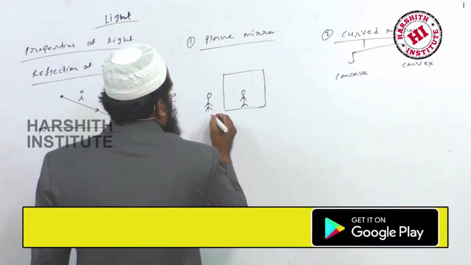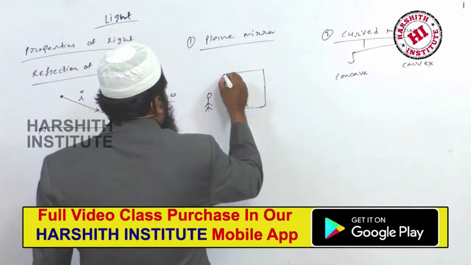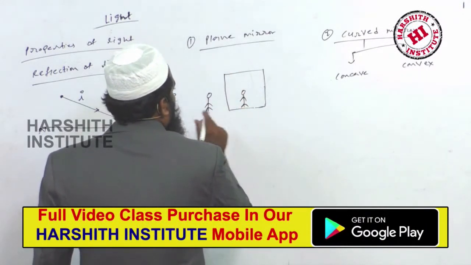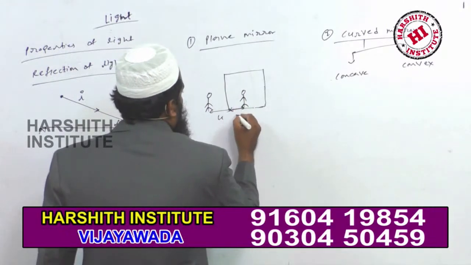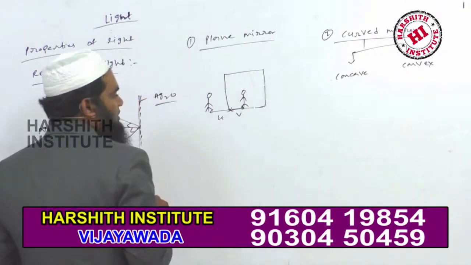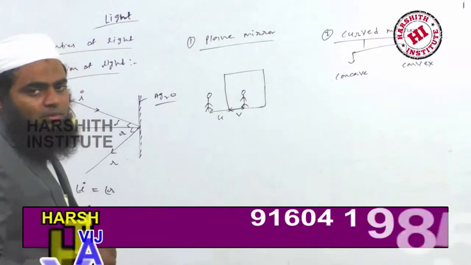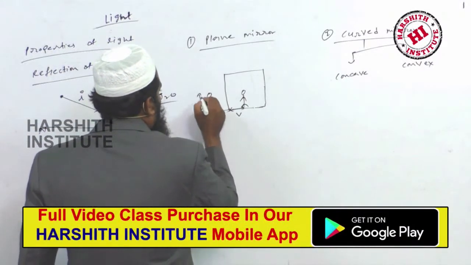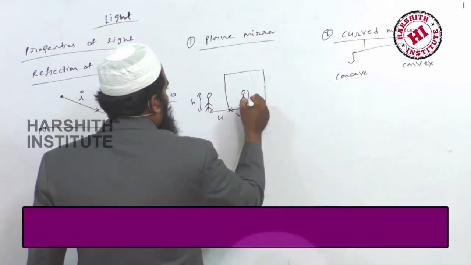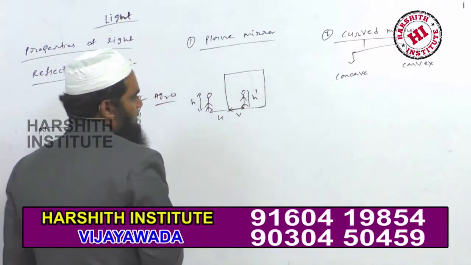Here the distances are called U and V. U is the object distance from the mirror. The object height is called H, and the image height is called H dash.